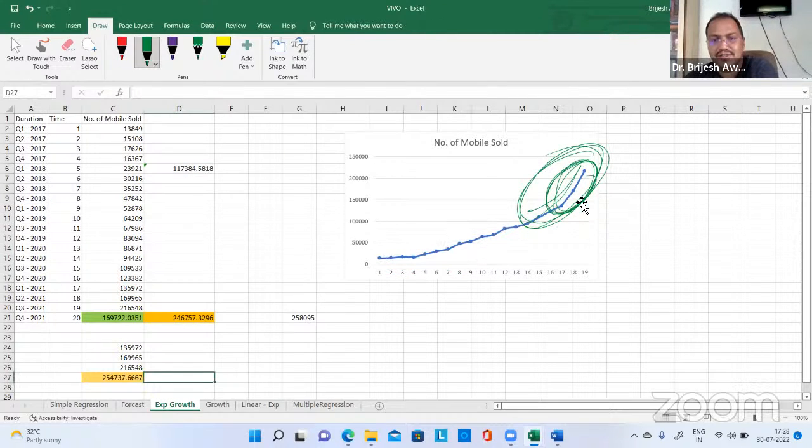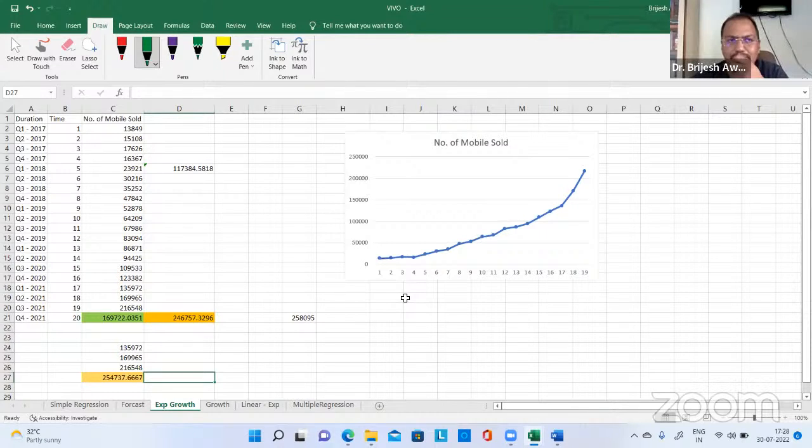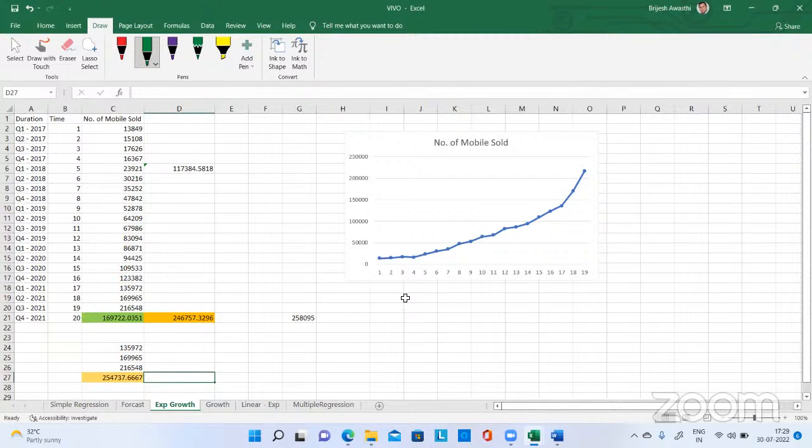So does it mean that Excel is taking the immediate growth rate for forecasting the next level?